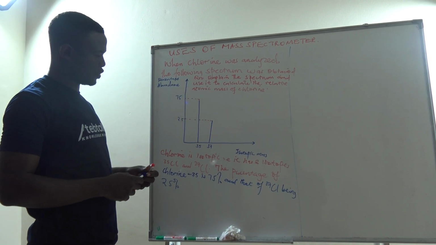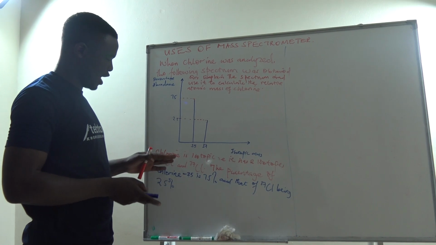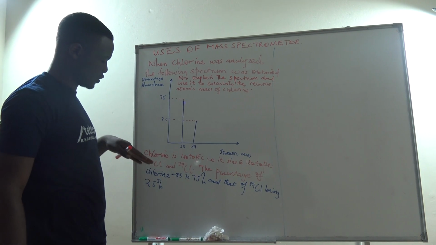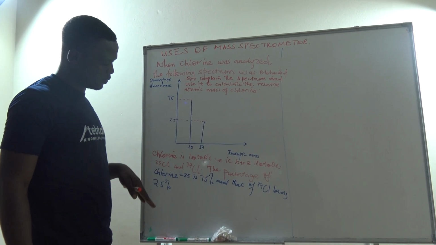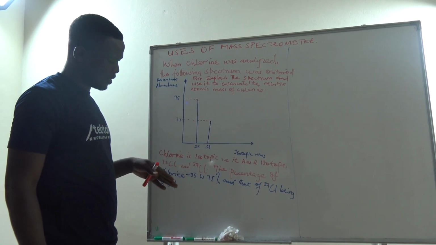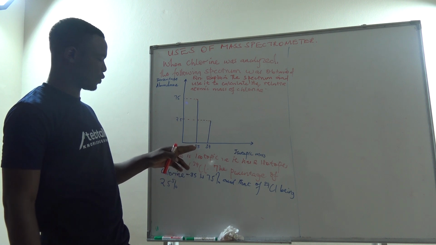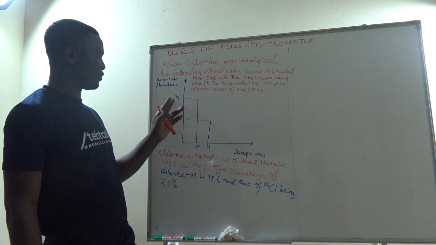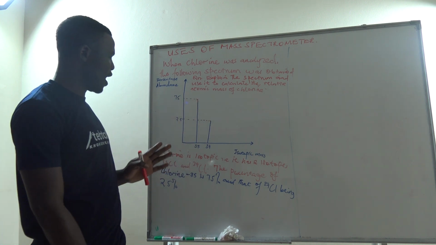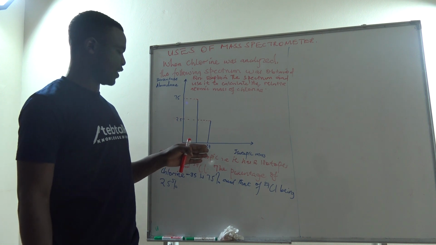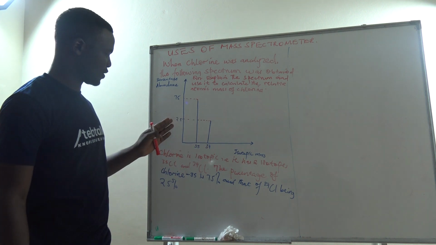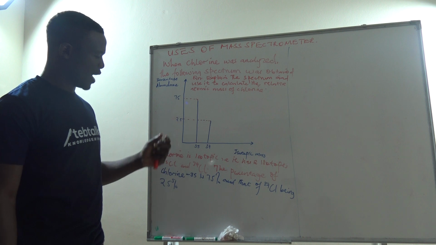This spectrum shows us that chlorine has two isotopes, chlorine 35 and chlorine 37. Chlorine 35 is 75% abundant, and chlorine 37 is 25% abundant. But what does this mean?